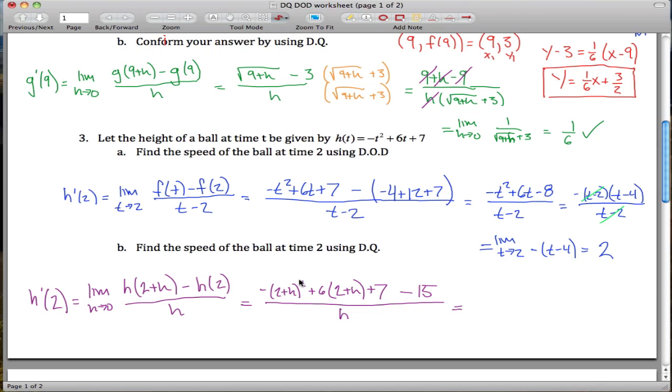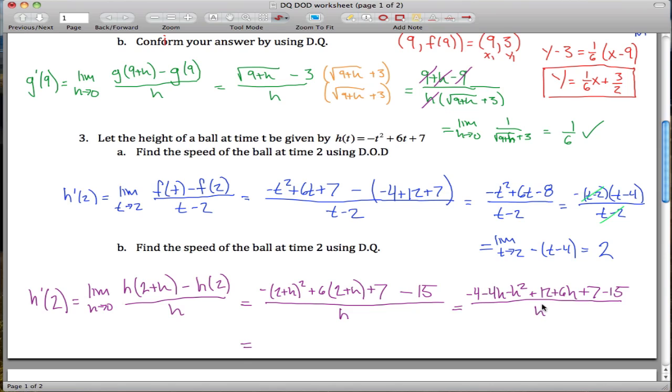Okay, so 2 plus h squared is 4 plus 4h plus h squared. Be careful, you have to FOIL that out. And so if you distribute the negative sign through, you get negative 4 minus 4h minus h squared. And then if you distribute the 6 through, you get 12 plus 6h, and then plus 7 minus 15 over h.